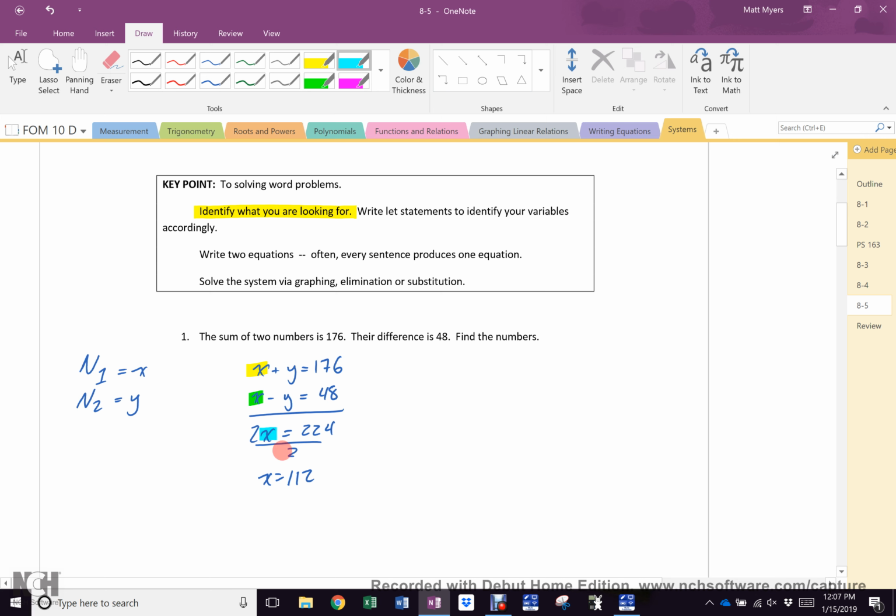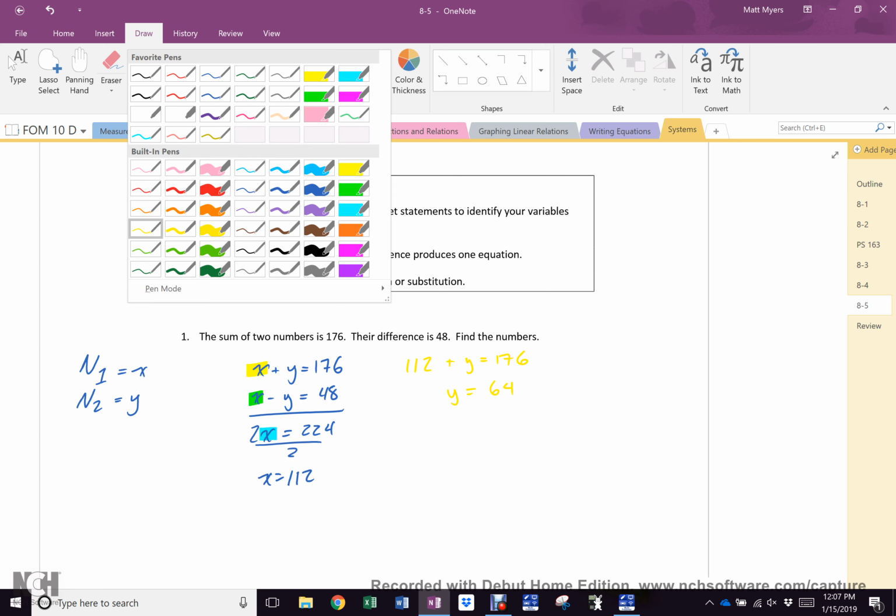So, if I write it there, I would get 112 plus y equals 176. Is that yellow visible to you people? Good, because I'm keeping with the highlighter. Y will equal 64.